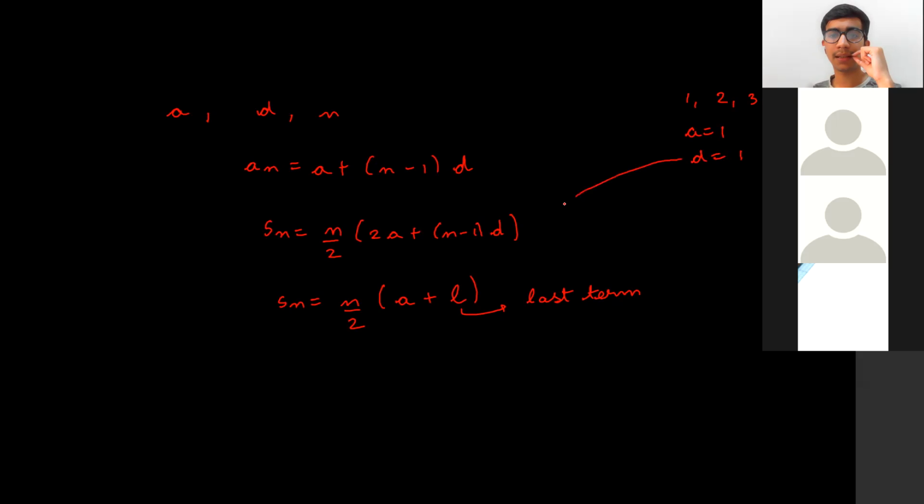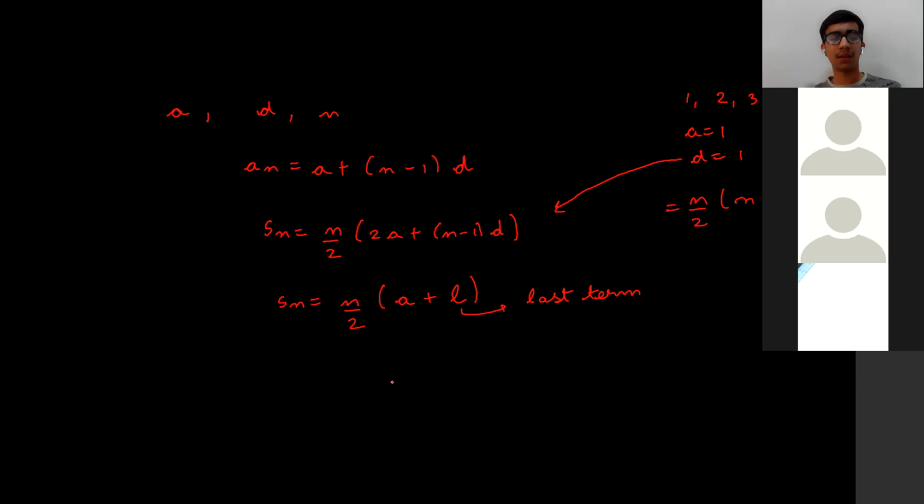Put A and D as 1 in this Sn, and tell me what this formula becomes. The answer is n by 2 and in bracket n plus 1. So this is how you calculate the sum for n natural numbers.